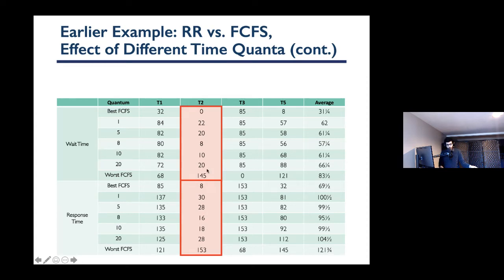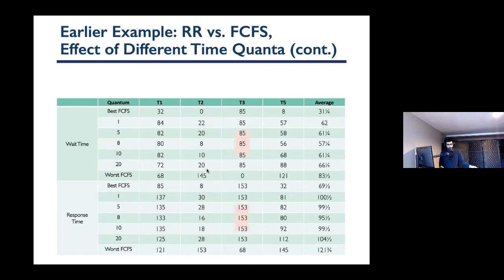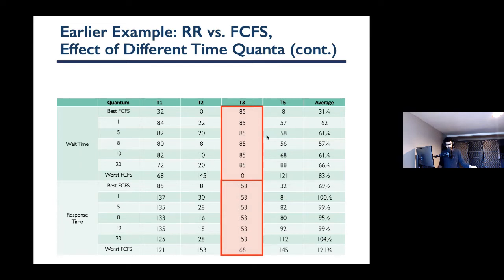Now, what was our longest task? Our longest task was T3. Now let's look at T3. So if you look at T3, you can see that for different time quanta, the wait time is precisely the same, and so is the response time.